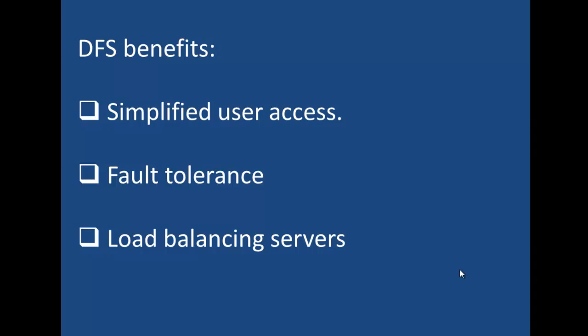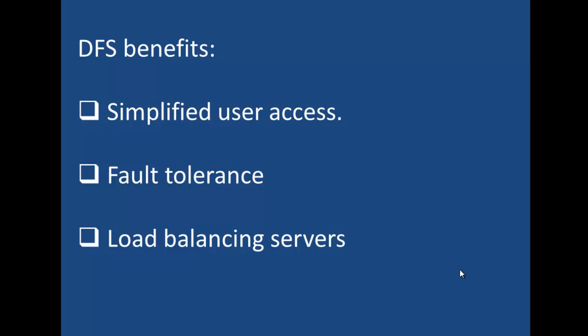First, we have simplified user access. The user is now able to access the shares from one place. You have a hierarchy of folders created on the DFS root, which would be the main DFS server, with links to all the shares on all the different servers within the other Caribbean islands.